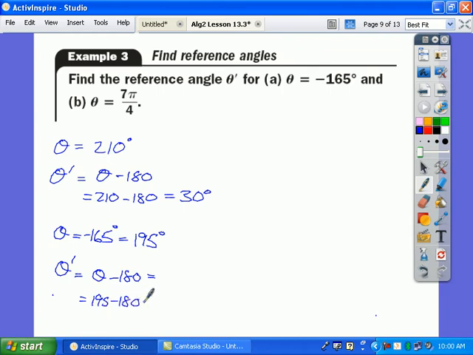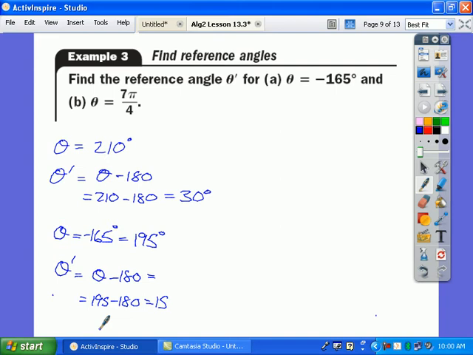So what this says is that 15 degrees behaves almost exactly the same way as 195 degrees will. If I take sine of 15 and sine of 195, I'm going to get the exact same answers except for their signs, positive or negative.